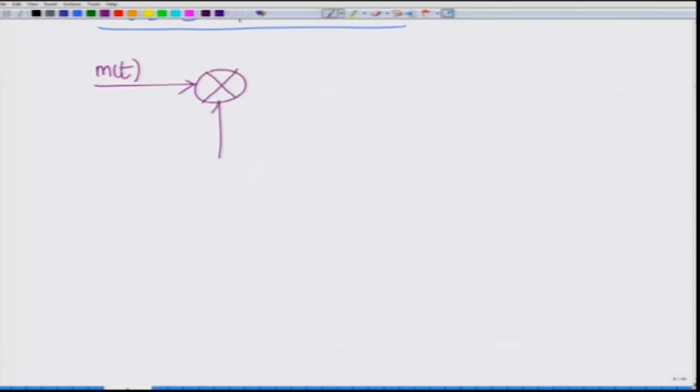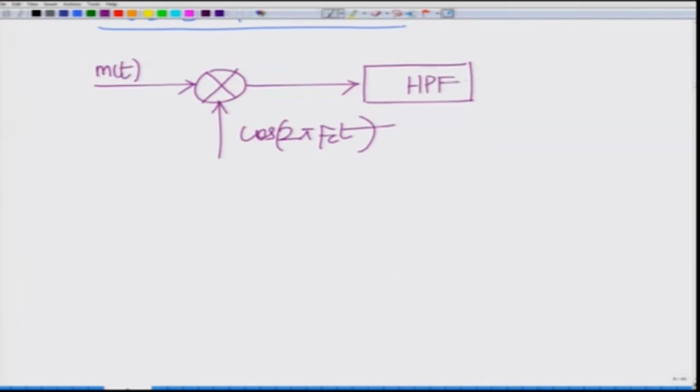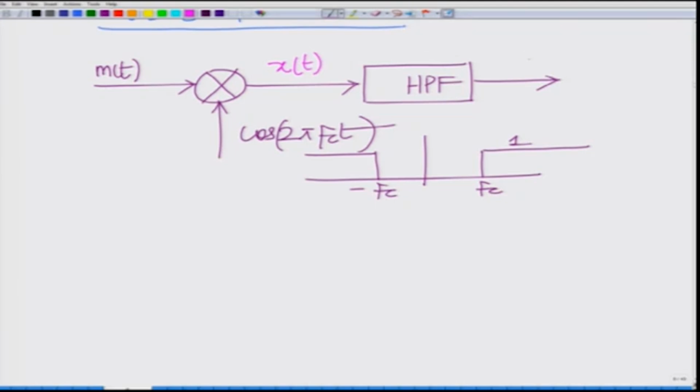Pass it through a modulator, cosine 2 pi Fc t, and pass the output through your high pass filter. The high pass filter has a response of unity for all frequencies greater than or equal to Fc and less than or equal to minus Fc, and out comes, so at this point is x(t), and this point is the upper sideband modulated signal.